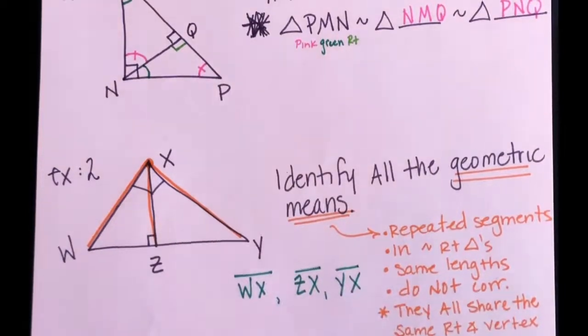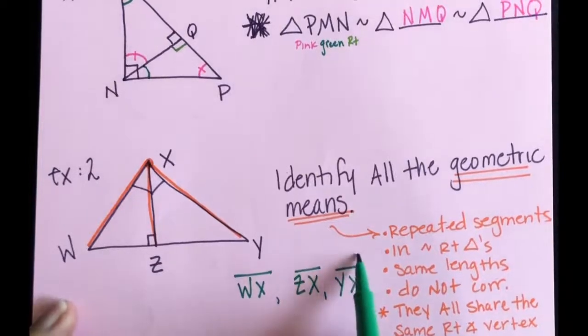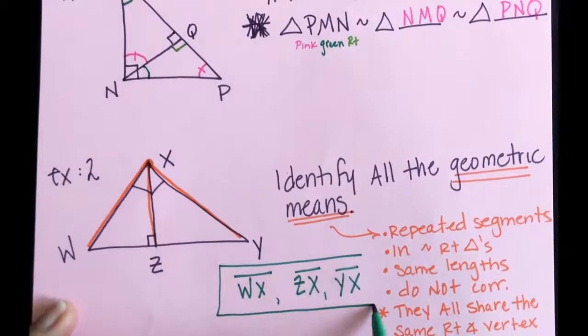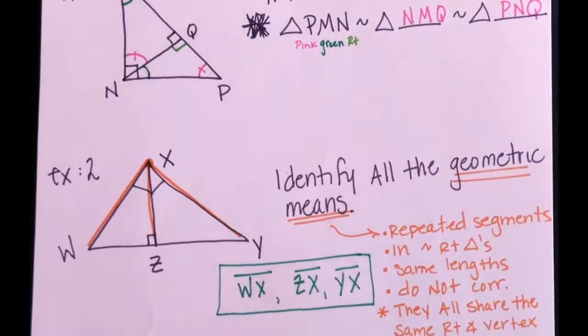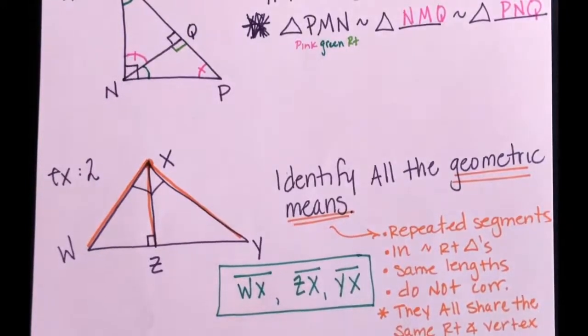Or, of course, XW, XZ, XY, they're all the same. So which ones are our geometric means? Those are our repeated segments that have the same length, the same position, but they do not correspond. And again, the easiest way to identify where they're at, they share that right angle vertex.